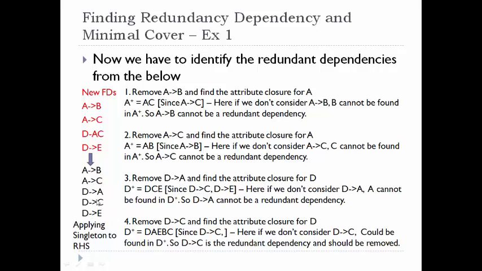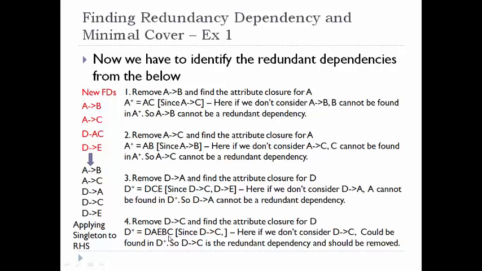The fourth step is to remove D tends to C. So if we remove this D tends to C and we are trying to find D closure, D is giving A, so we have DA, and D is giving E, and A is giving B, and A is giving C. So D, A, E, B, C has arrived.